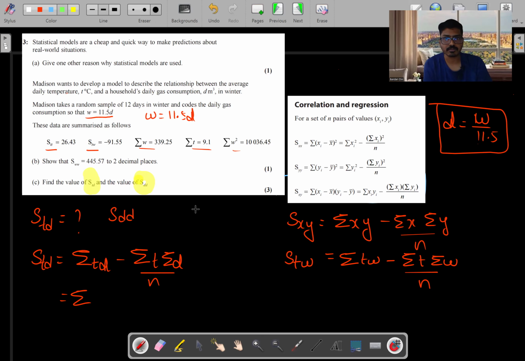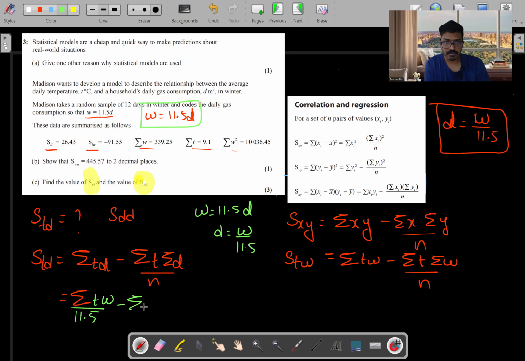From the given equation, W is equal to 11.5 D, and then D is equal to W upon 11.5. So wherever we see D, we will write W upon 11.5. I'm only replacing the value of D, which is W upon 11.5.